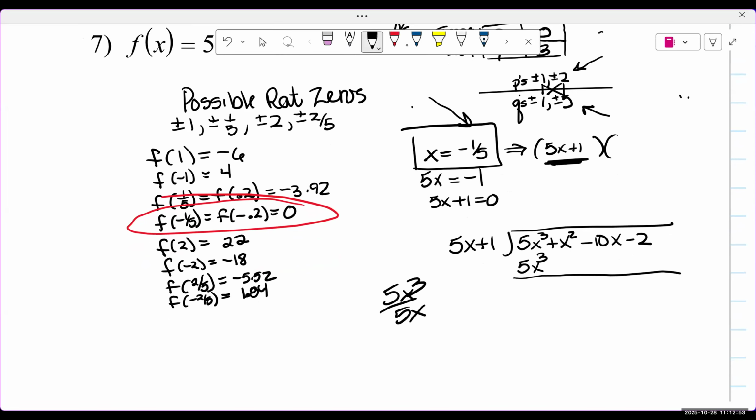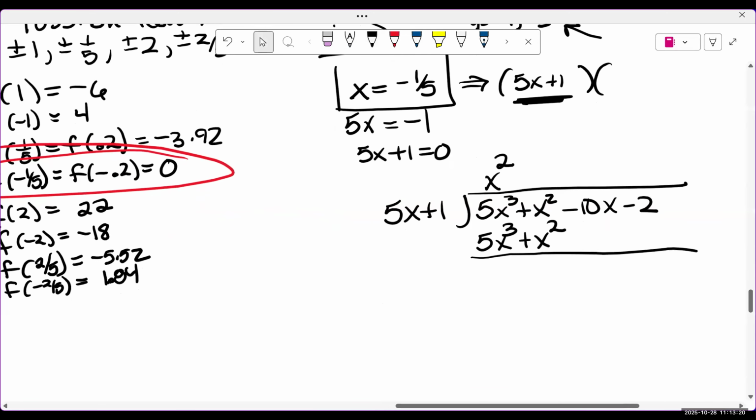Okay, we could see that that is x squared. Either what times 5x is 5x cubed, or you can use division. So next step, multiply. 5x times x squared is 5x cubed. 1 times x squared is x squared.